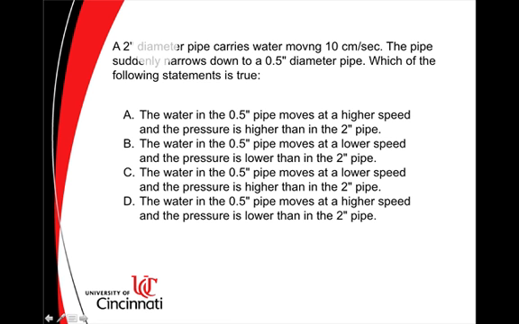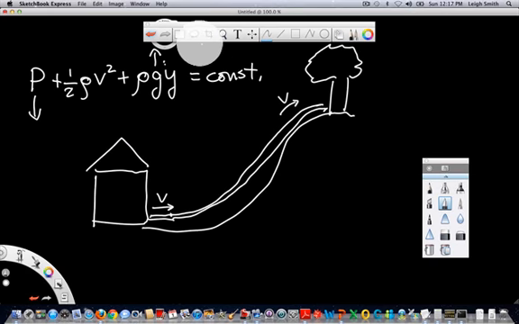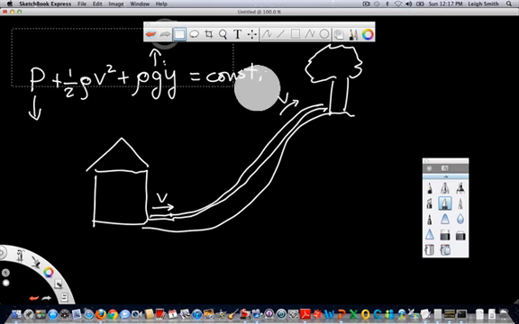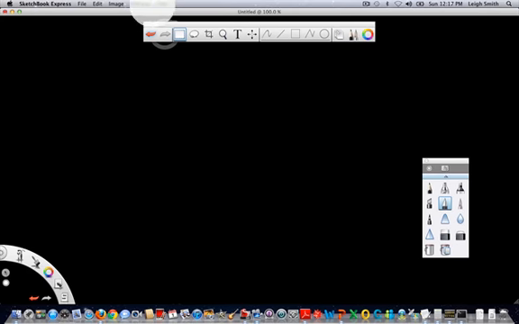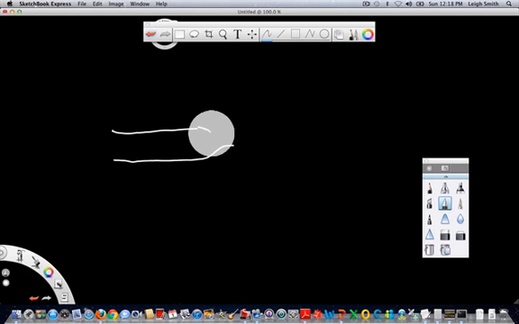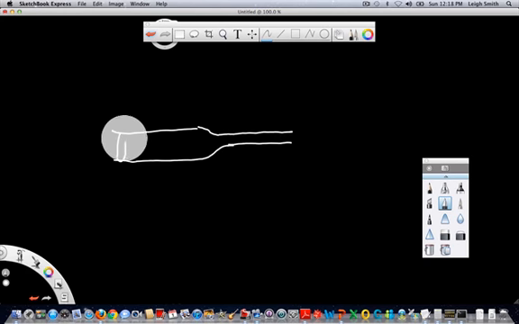And then we have one last one, which is a 2-inch diameter pipe carrying water moving at 10 centimeters a second. The pipe suddenly narrows down to a 1/2 inch diameter pipe. Which of the following statements is true? So the idea is that you have some pipe, and you can assume that the cross-sectional area decreases.